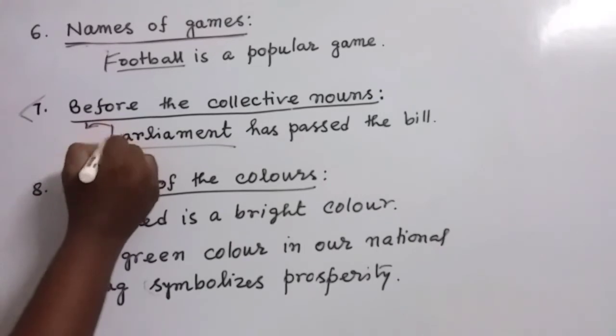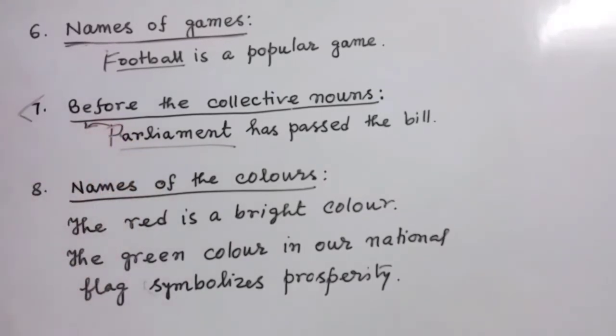We have to write parliament has passed the bill. Some of the very common collective nouns are parliament, mankind, cattle, society. So these are the collective nouns.